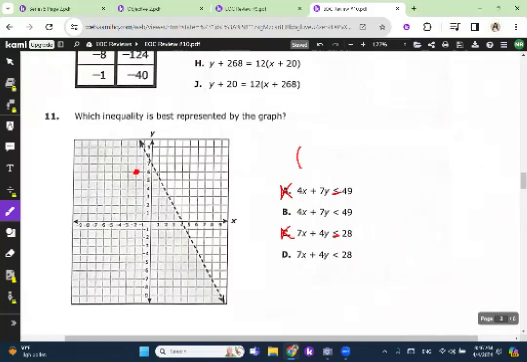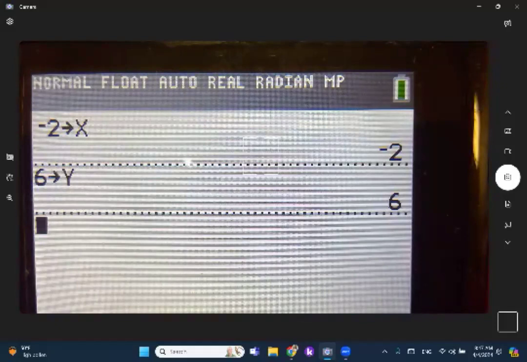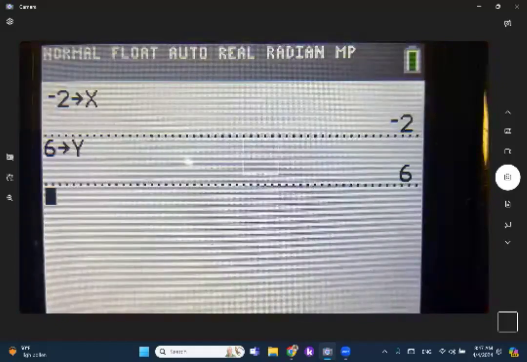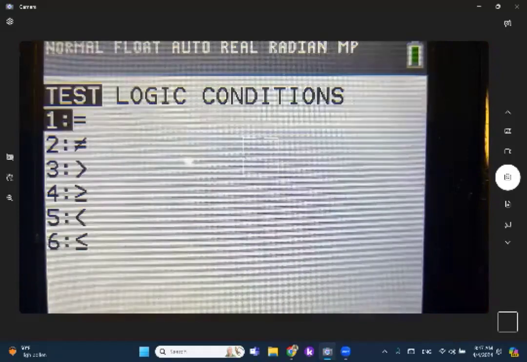So we're going to store -2 and 6 and see which one gives us that true statement. -2 store for X, 6 store that for Y. And now the first equation is 4x plus 7y, the second inequality.